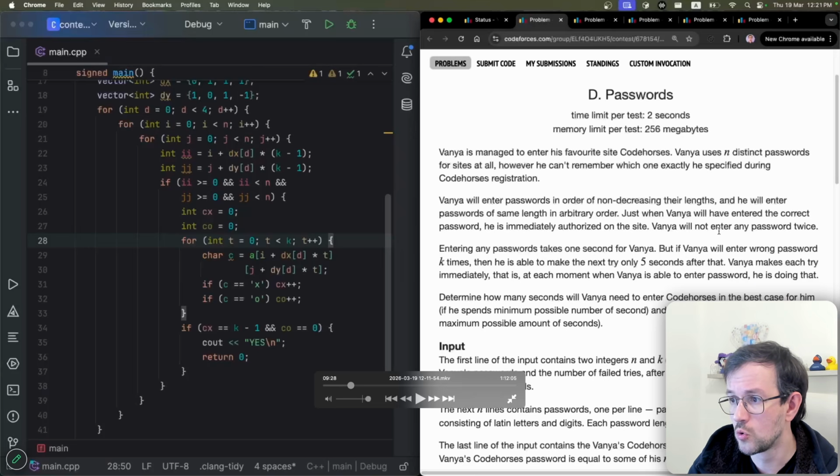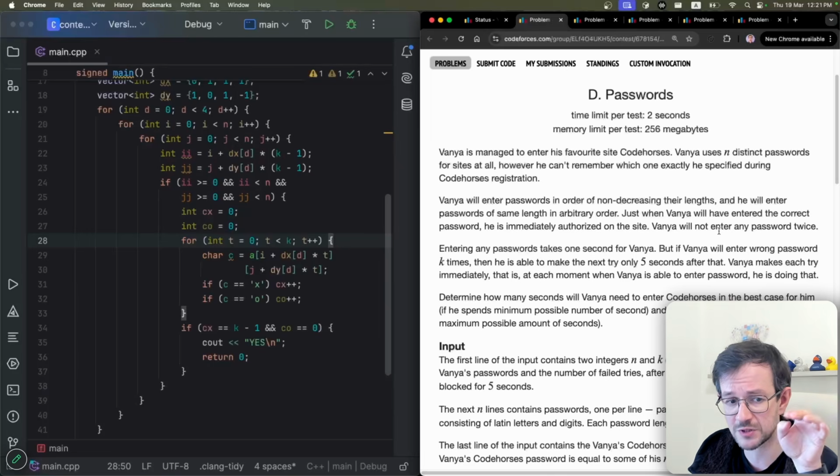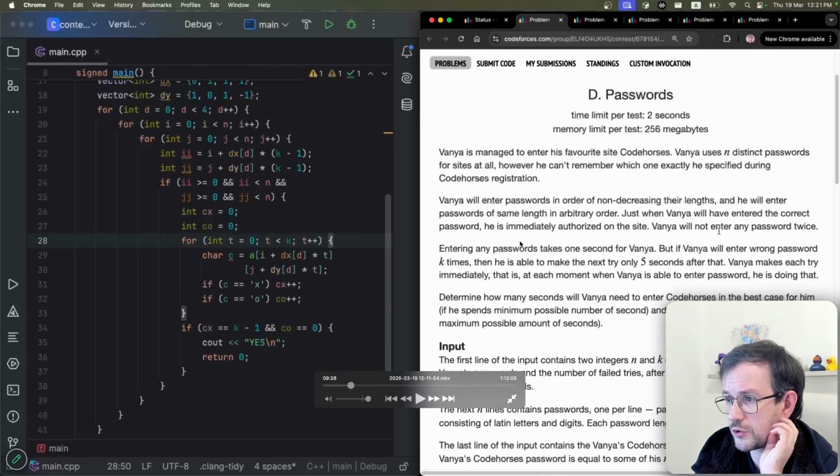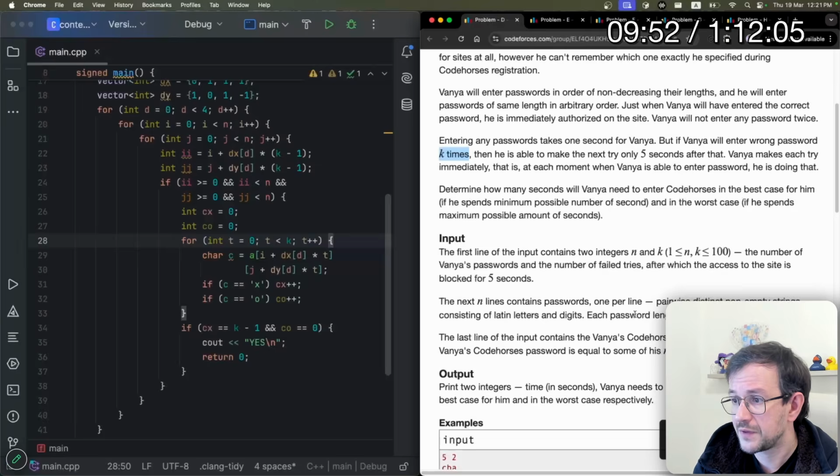You try these strings as passwords in non-decreasing order of their length, so it starts from short passwords, then longer. You need to find the minimal and maximal time it may take to guess the password. Also, every k times you try a wrong password, you need to wait for 5 seconds. Nothing that difficult in this problem.